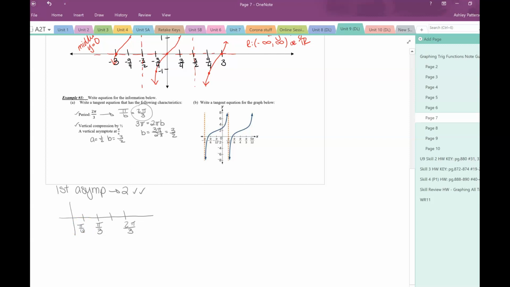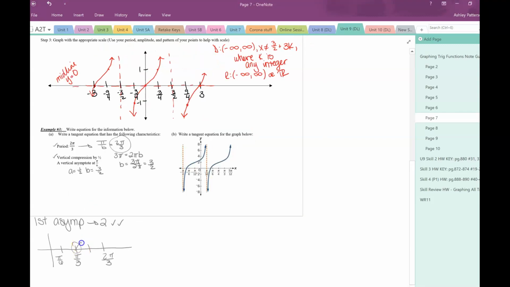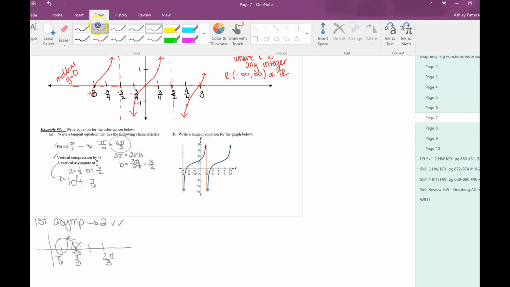So our first asymptote doesn't occur 2 tick marks out. Our first asymptote occurs 1 tick mark out. So this implies that we need to go left pi over 6 units. And I say left because we're now 1 tick mark out, and every tick mark is pi over 6.